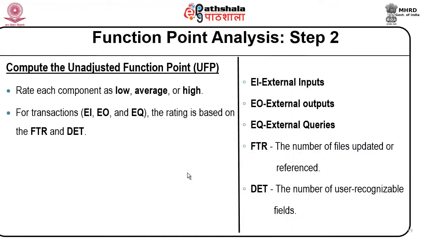Function point analysis. Step 2: compute the unadjusted function point. Rate each component as low, average, or high. For transactions, external inputs, external outputs, and external queries, the rating is based on the number of files updated or referenced and the number of user recognizable fields.